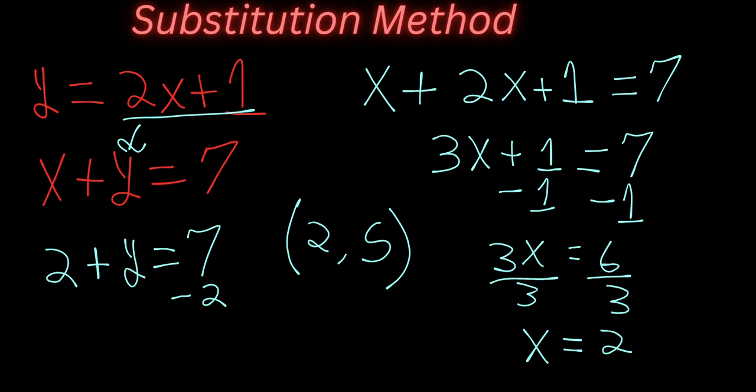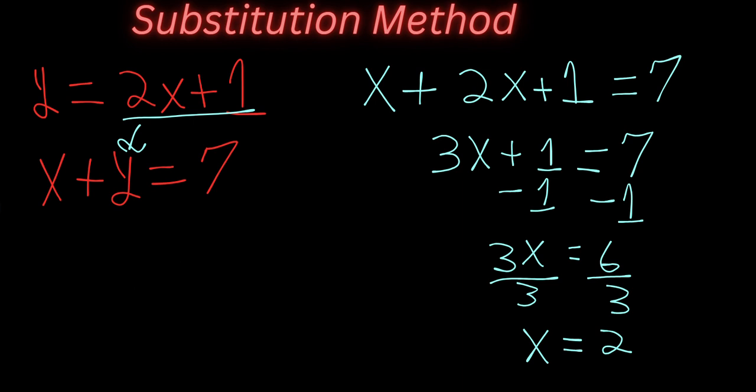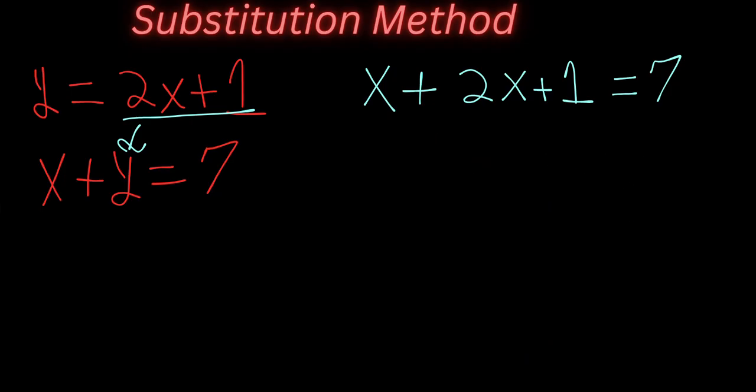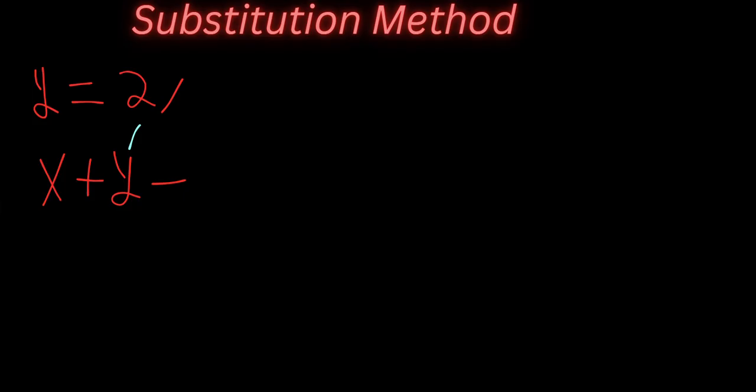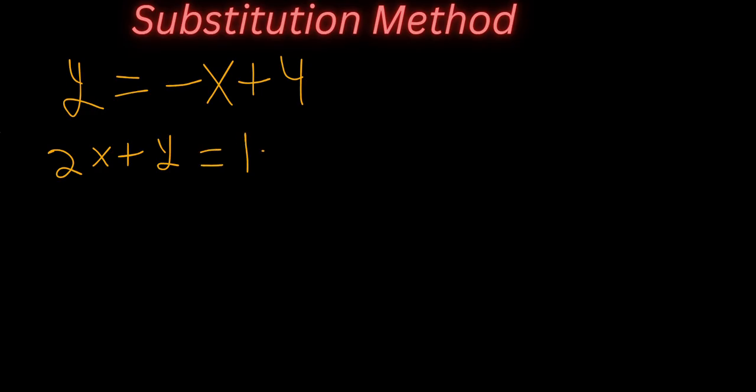All right, so that's example 1. Now we're going to move on to a second example. This one's going to need a little bit more algebra, but ultimately it's the same method. So let's have a system y equals negative x plus 4 and 2x plus y equals 10.